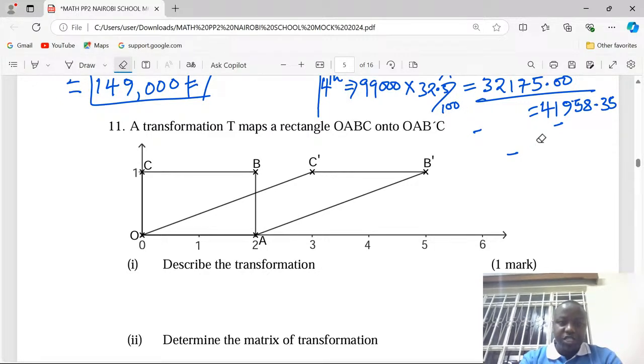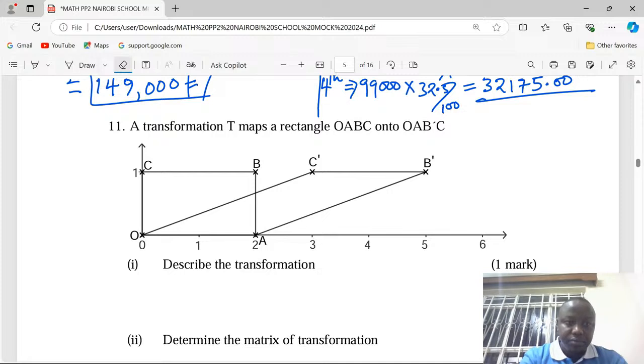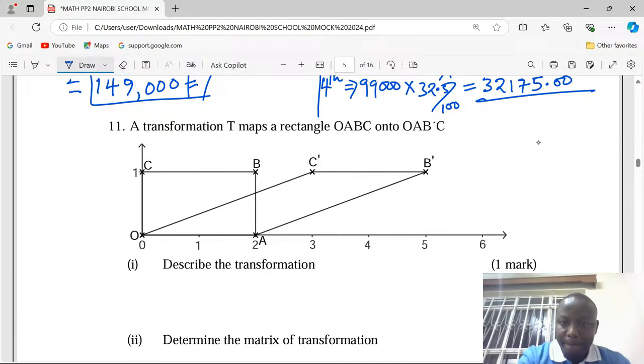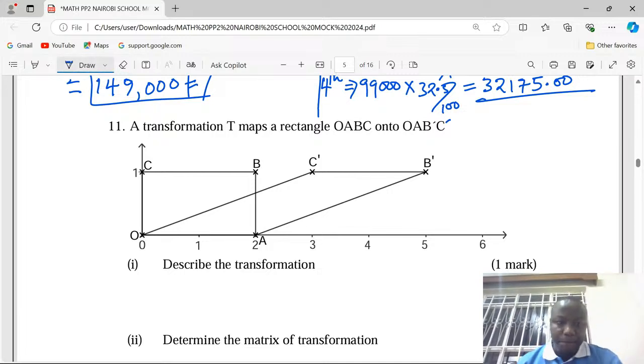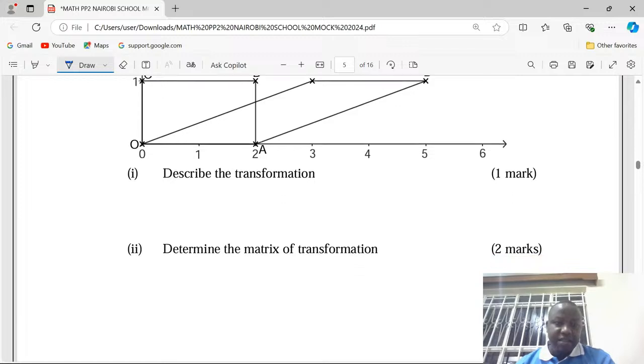A transformation T maps a rectangle OABC onto OAB prime C prime. The first thing is to describe the transformation.